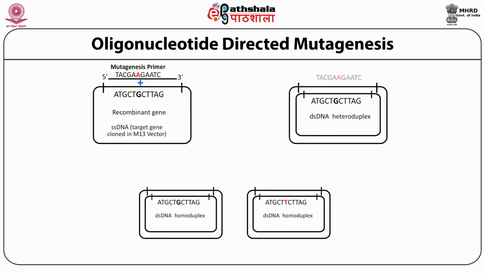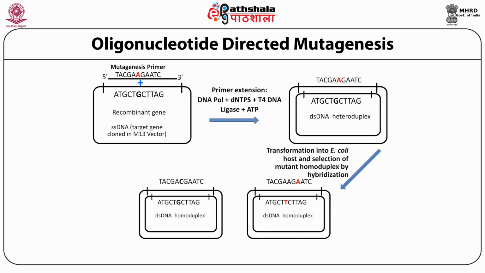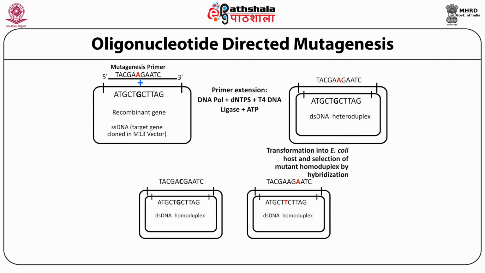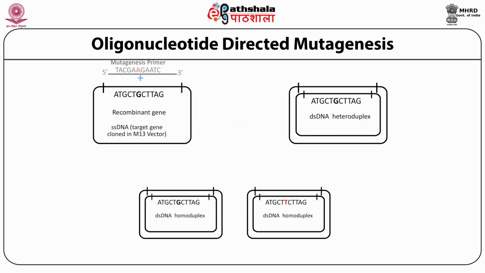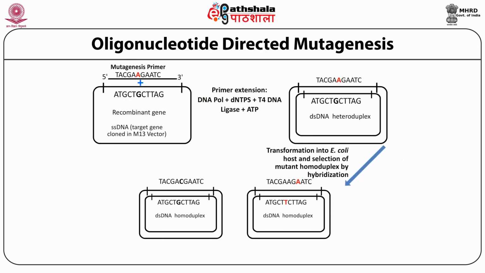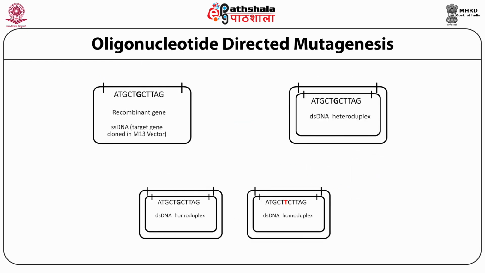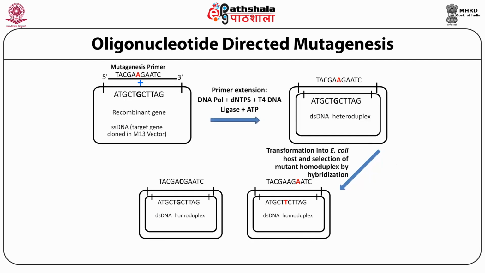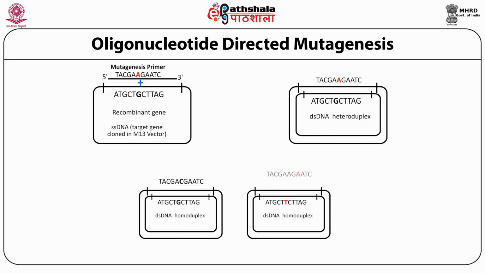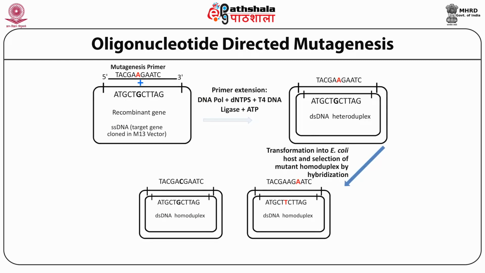Some of the bacteria will produce double-stranded homoduplex DNA, which is the completely mutated form, and it will also lead to regeneration of the original gene. Once this has been carried out, one has to further screen the colonies using stringent methods for the isolation of the clones which are harboring the mutated forms.